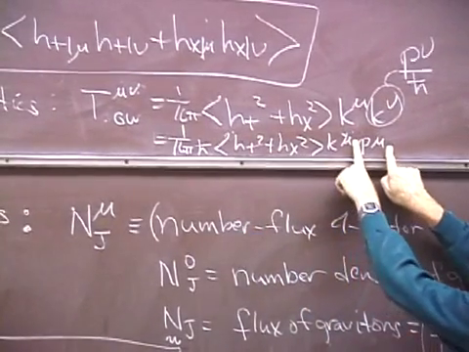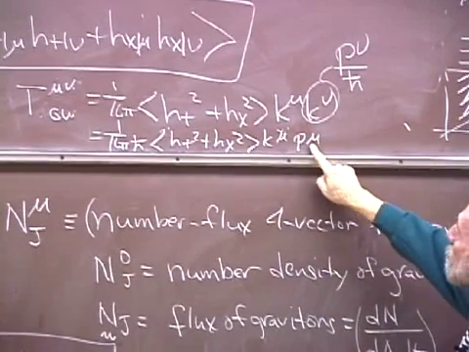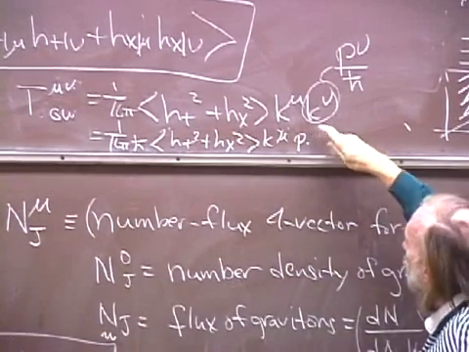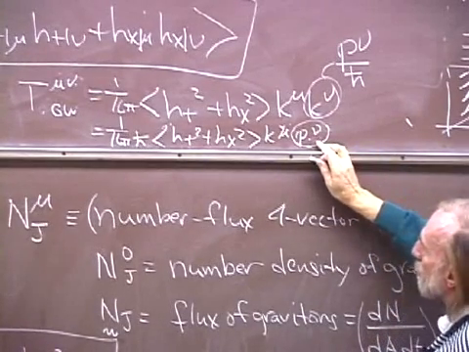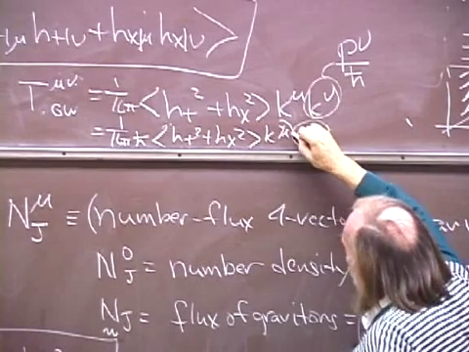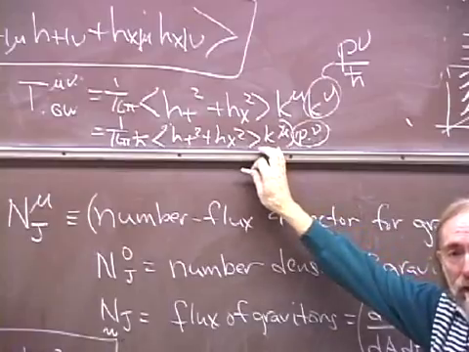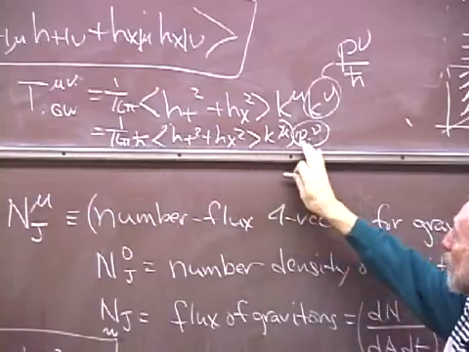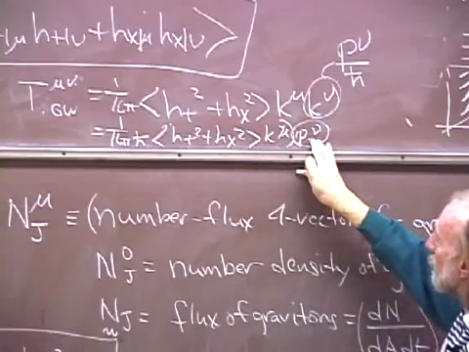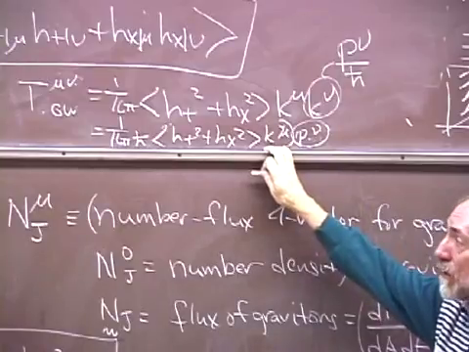That's the momentum of a single graviton, P nu. So a single graviton carries the formal momentum P nu. And if I multiply the formal momentum of a single graviton by the number flux vector of gravitons, you get the energy momentum tensor. You multiply, for example, the energy of a graviton by the number density of gravitons, you get the energy density of gravitons, which is the time-time component of the stress energy tensor.